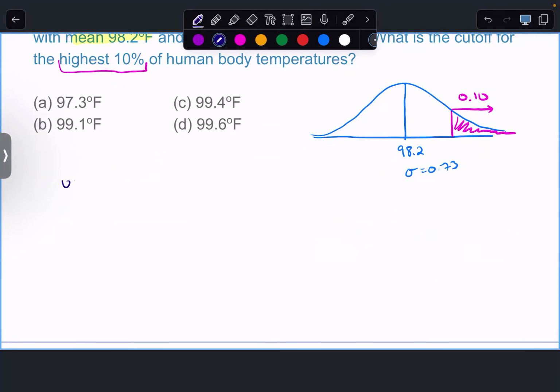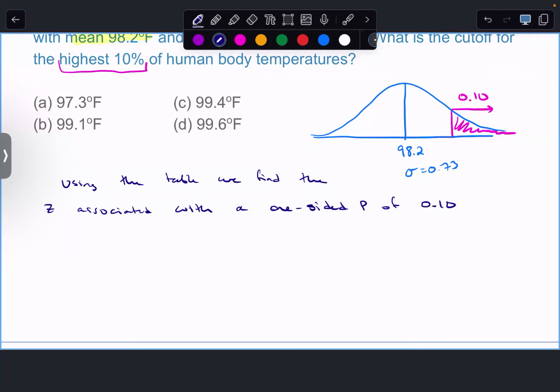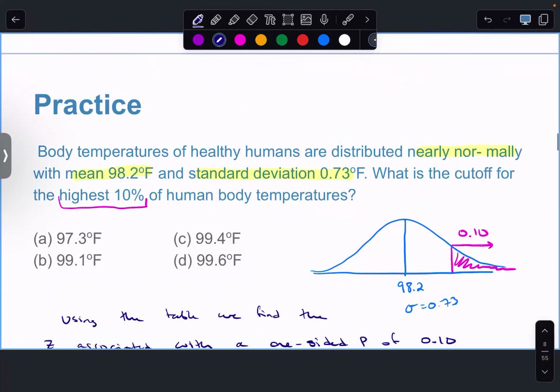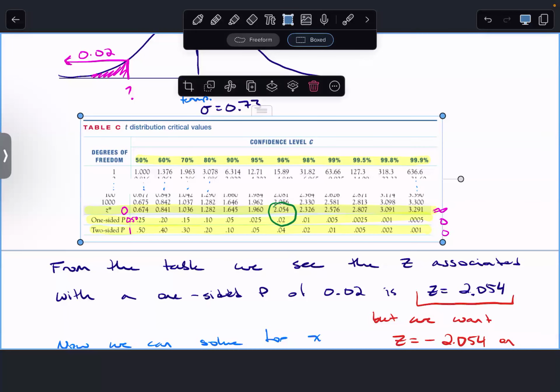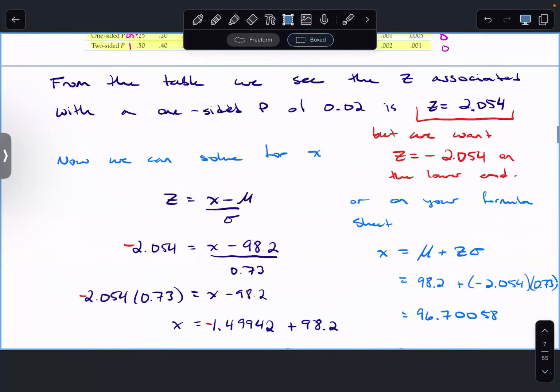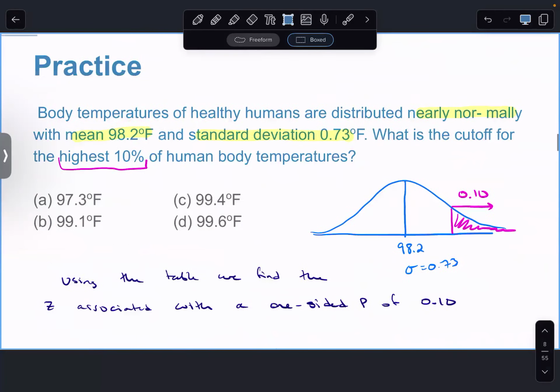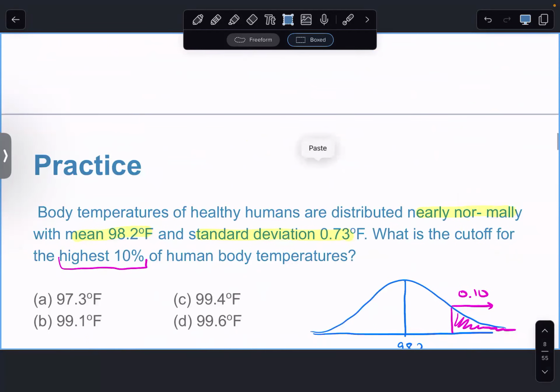Using the table, we find the Z associated with a one-sided P of 0.10.